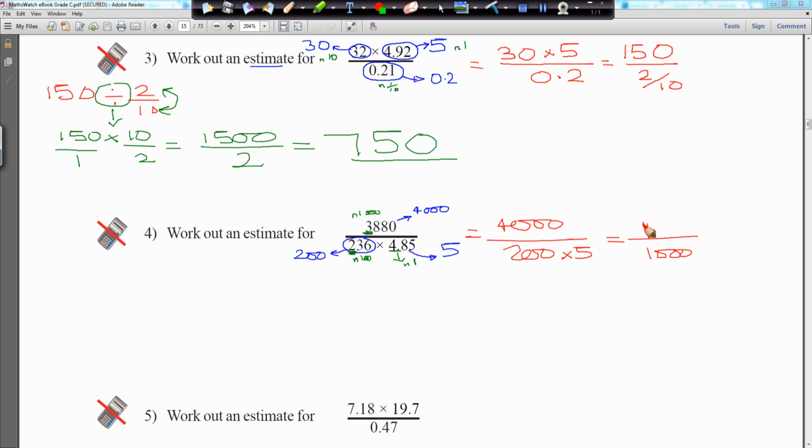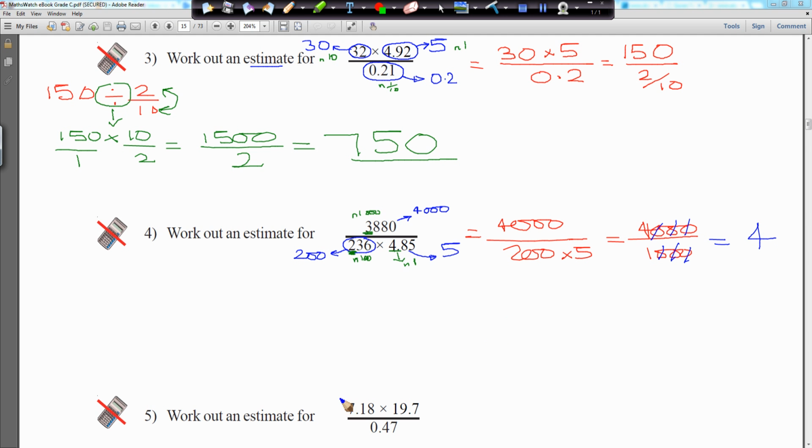And on the top we've got 4,000. So we've got 4,000 divided by 1,000. That's a lovely question, nice and straightforward. We can simplify by dividing top and bottom by 10, by 10, by 10, and that gives us a nice, lovely 4 with no stress at all.